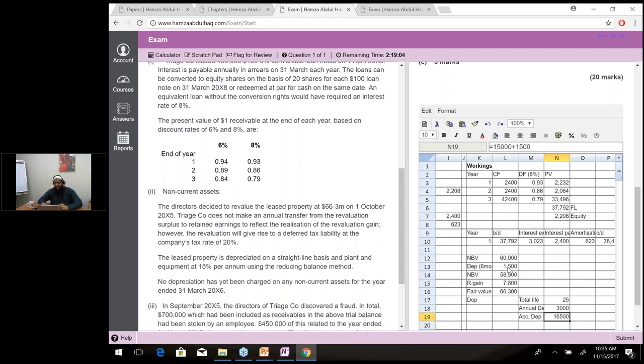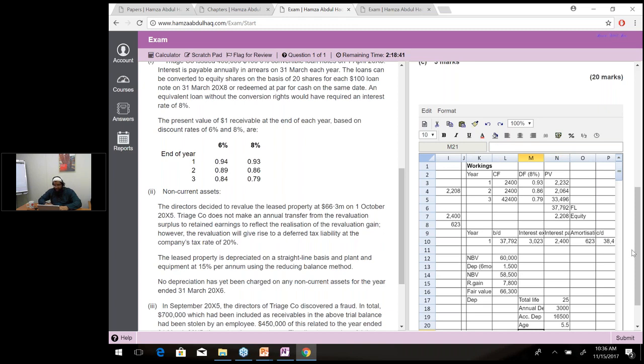So the accumulated depreciation is 16,500. So if I calculate the age of the asset, it has been depreciated by 16,500 with an annual charge of 3,000. So the asset's age is actually 5.5 years.